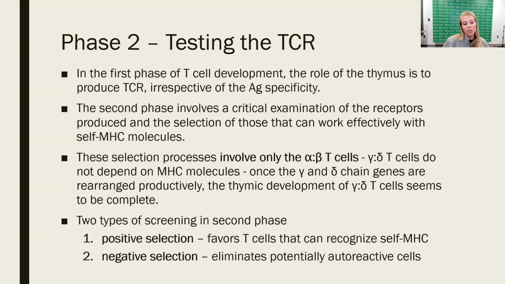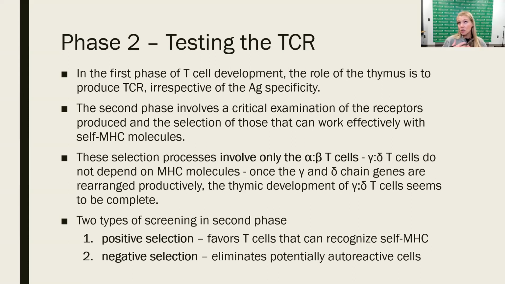This will include only looking at alpha beta T cells, because alpha beta T cells are the only subset of T cells that are restricted to MHC molecules. Gamma delta T cells don't recognize MHC, so we don't have to go through this testing of them.